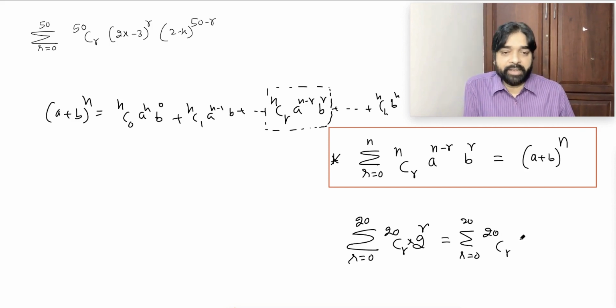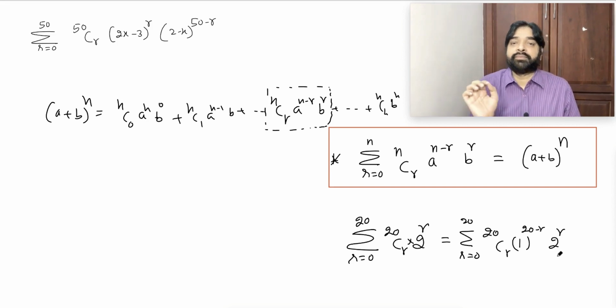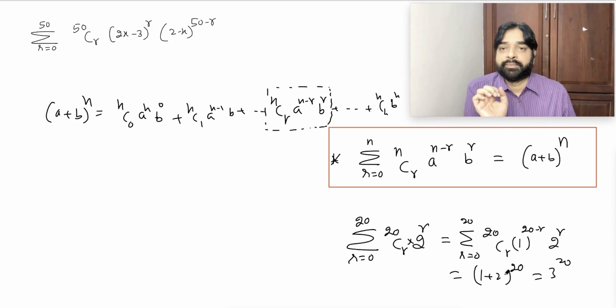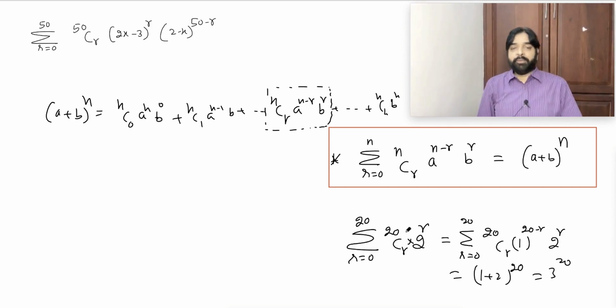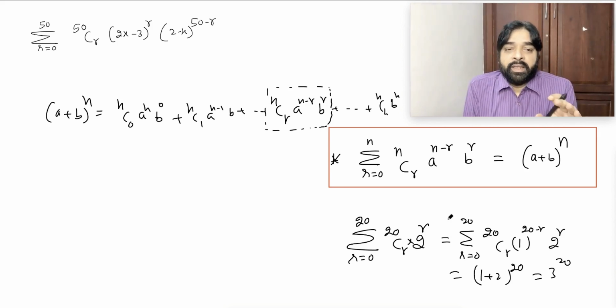Into 2 power r, and 1 power, by 2 terms should be there, only 1 term is there. So I can write 1 power 20 minus r into 2 power r. Can I write like this or not? Am I right? So this value is nothing but (1 plus 2) power 20, or you can say 3 power 20. It's equivalent to 3 power 20. So whenever you have to convert from sigma to this series or bracket, you should use this logic.